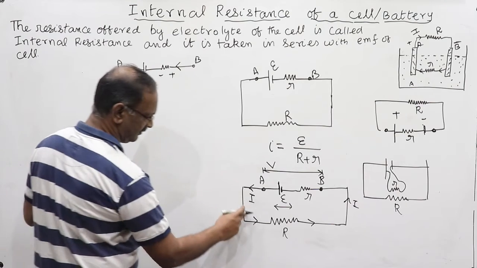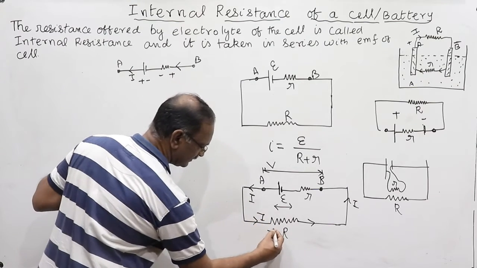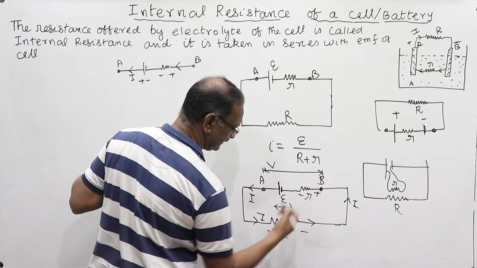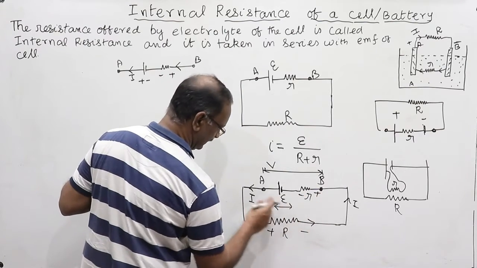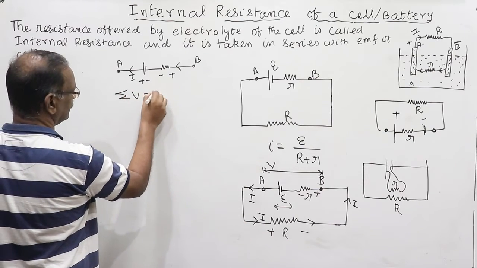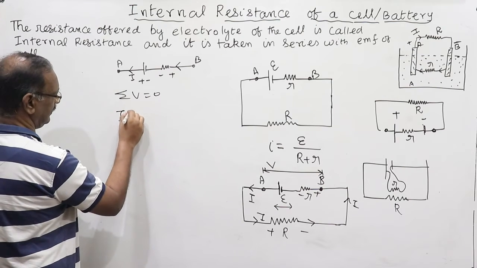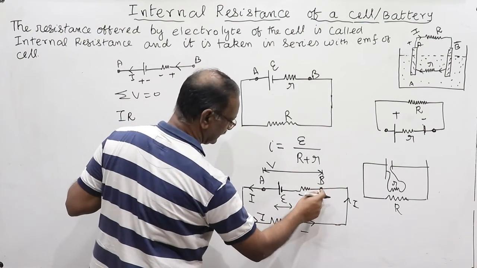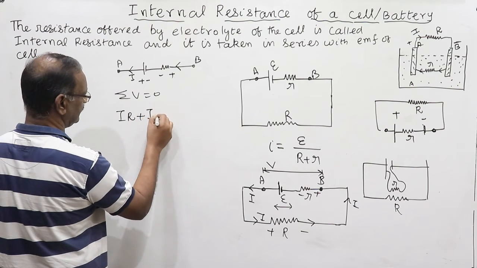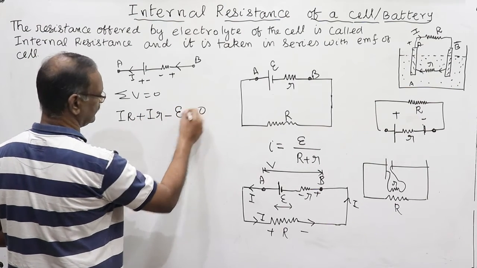The current I is flowing, so this is the positive side and this is the negative side. Then current flows from here. When we go around, sigma voltage is equal to 0. It means from here the voltage is I into R, and from here to here, positive E, minus I into R is equal to 0.